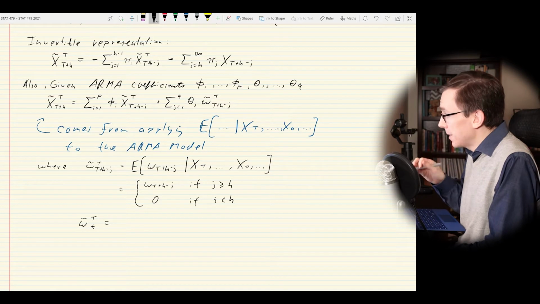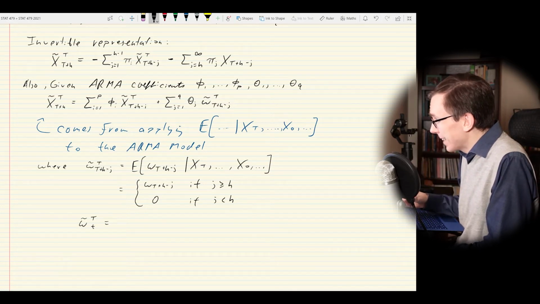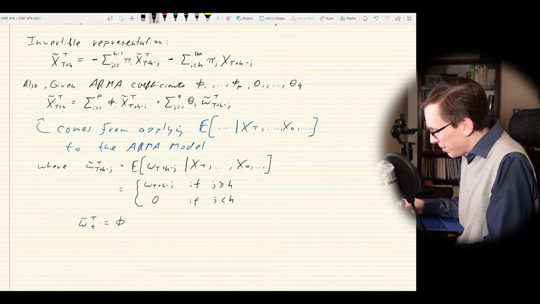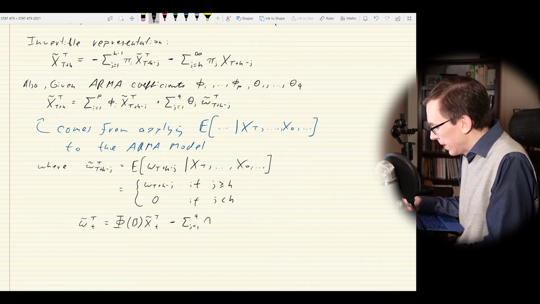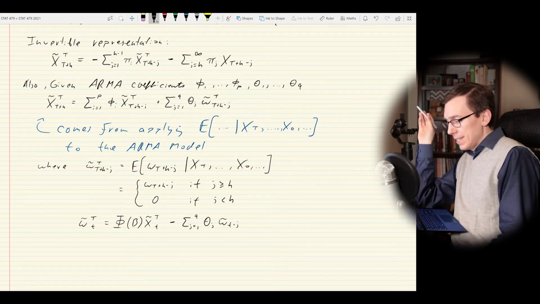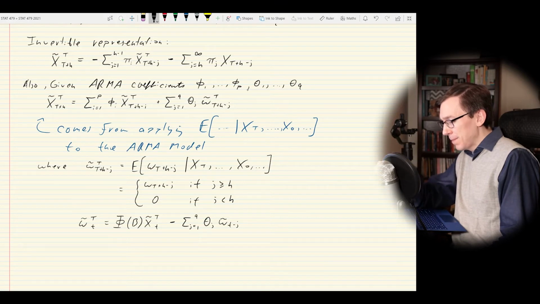Well, this is going to be two different things. We're going to have the autoregressive operator applied to x tilde, capital T, lowercase t, and then we're going to subtract the sum j from 1 to q of theta j w tilde t minus j. So this is, once again, basically the same thing I have up above. I'm just rearranging the terms slightly.